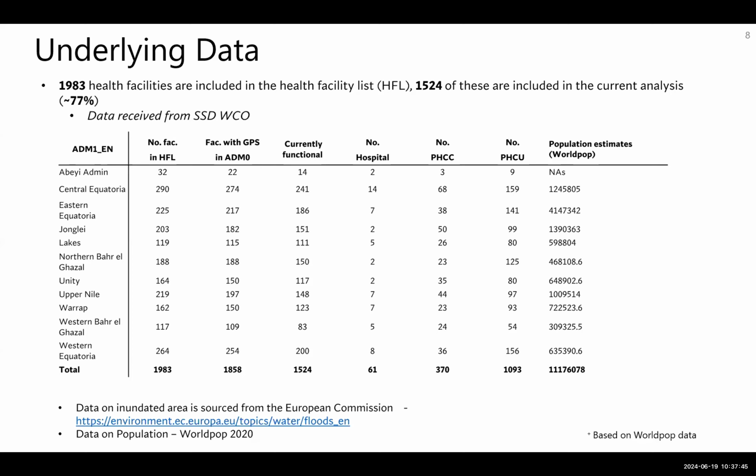One other layer that we used was population estimates from WellCome. In the subsequent slides, I will speak on how we integrated it into this assessment. And most importantly, data on flood-prone areas, which for South Sudan we were able to extract from this link.